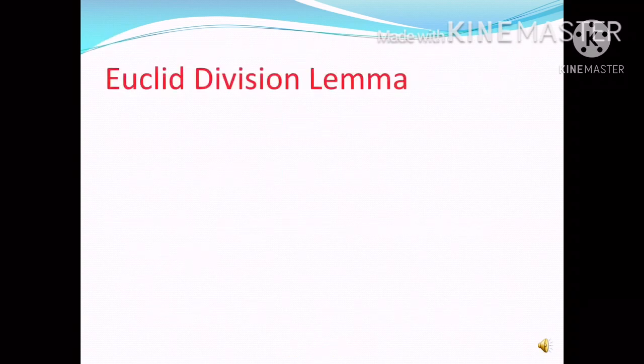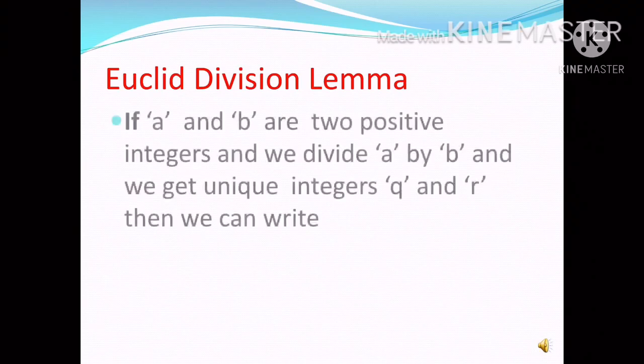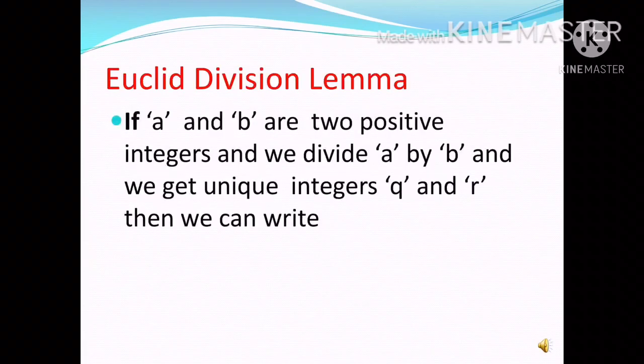Now let us generalize our result and state the famous Euclid division lemma. If we have two positive integers a and b and we divide a by b and we get two unique integers q and r as quotient and remainder, then we can write the dividend a is equal to divisor b into quotient q plus the remainder r.